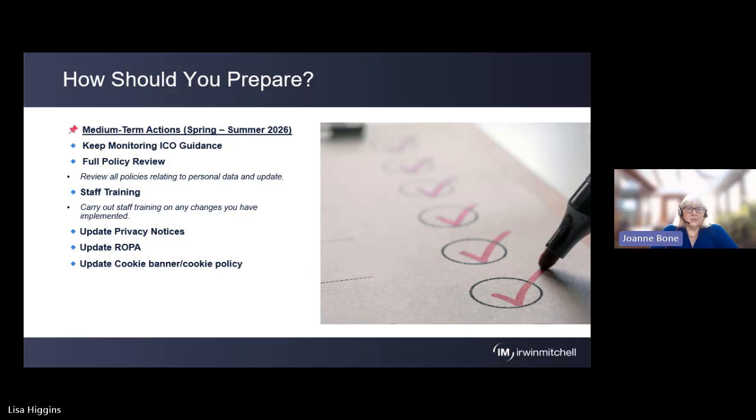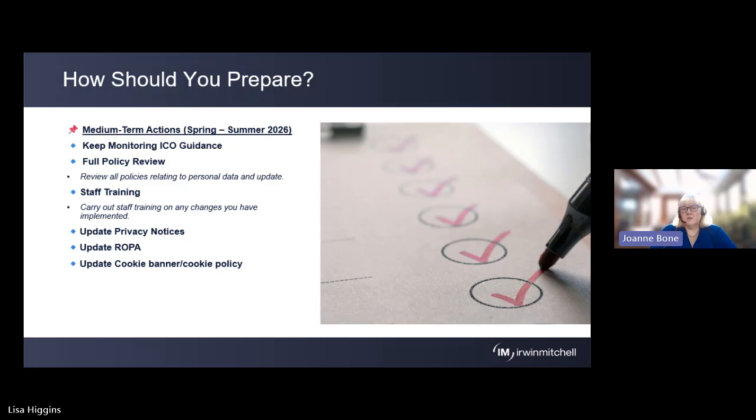Obviously there are changes, and I did say in relation to enforcement action that appropriate staff training is always a good thing. The ICO like to know that people have been trained. It's sort of easier to say to the ICO, well, it's one of those things, unfortunately it's human error, but they were properly trained, so it shouldn't have happened. So pick up the new changes and obviously refresh any general changes.